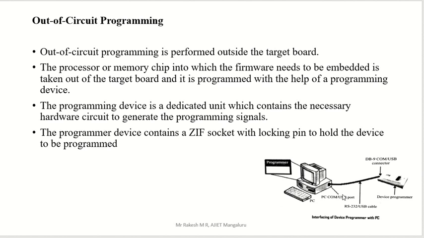Okay, so here we have the embedded device. From that we are taking only that software module outside, and we are going to connect it to another hardware. That hardware is called the programming device. So this is not in the embedded device, it is outside the embedded device. We take only the part where we want to load software, that is the core. Then we put that module here and connect it to the programming device.